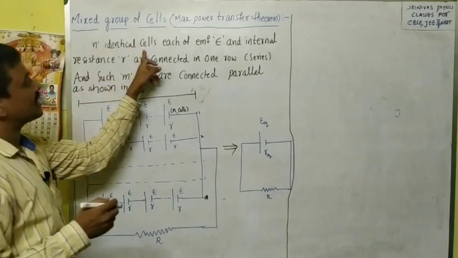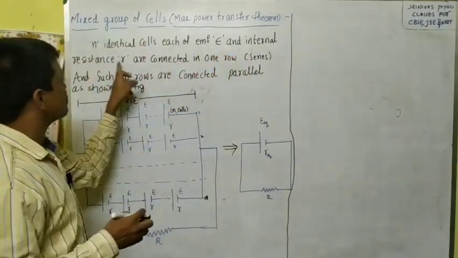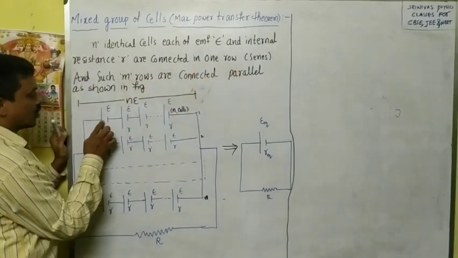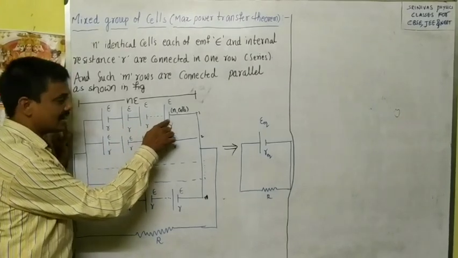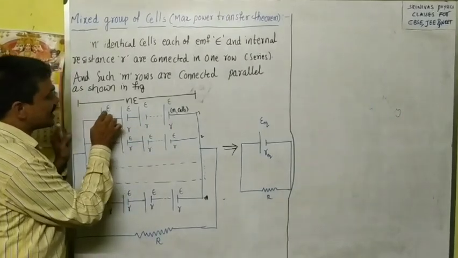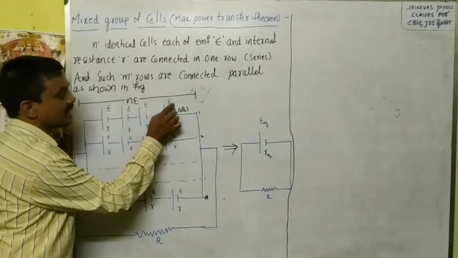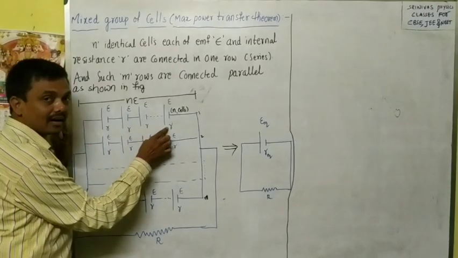Here n identical cells, each of EMF E and internal resistance small r, are connected in one row. Look at here, this is 1, 2, 3 and so on. This is the nth cell. There are n cells, n are identical, all having the same EMF E and the same internal resistance r.